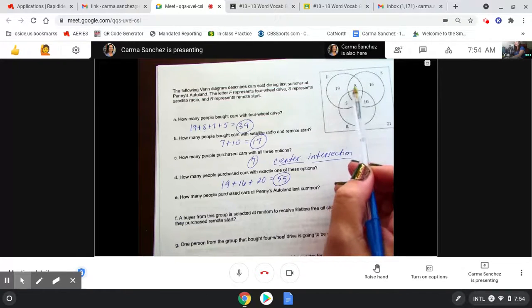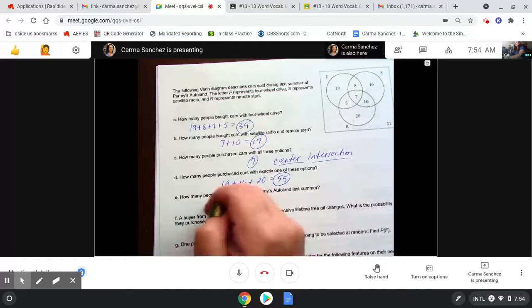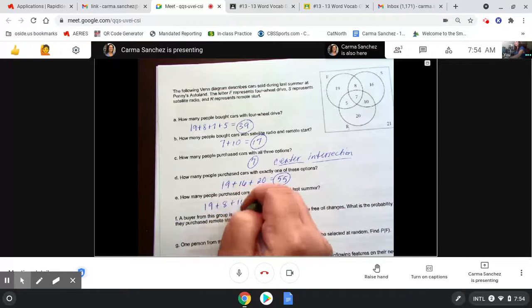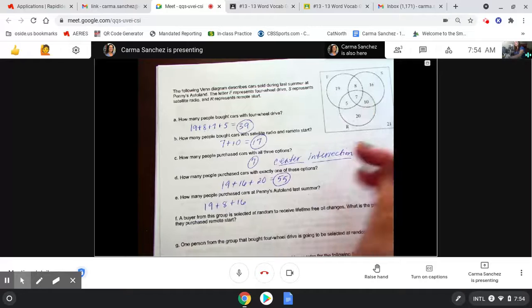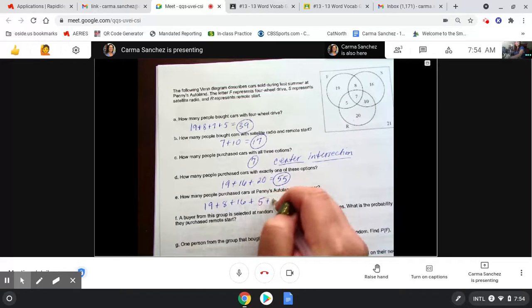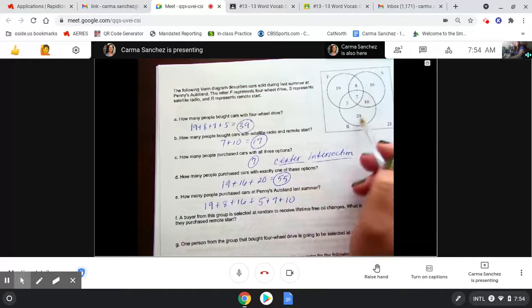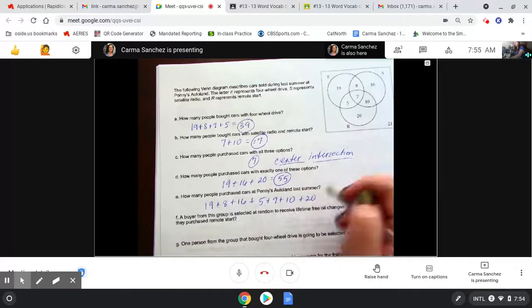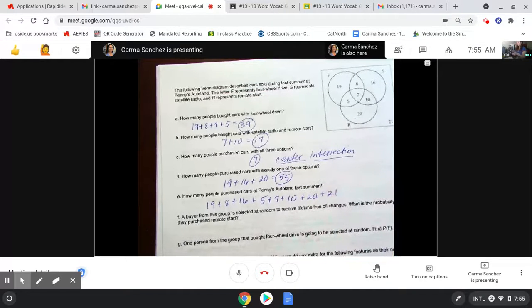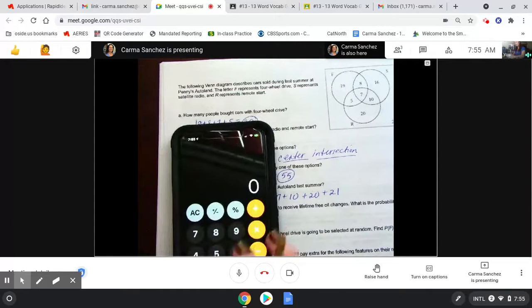19 plus 8 plus 16 plus 5 plus 7 plus 10 plus 20 plus 21. I'm going to use my calculator for this one to be safe. I think it's 106.